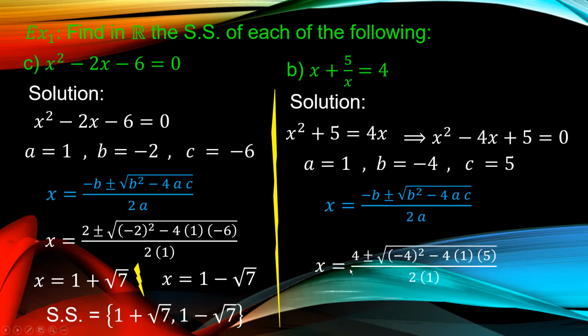By substitution, x equals 4, positive or negative square root of negative 4 power 2 minus 4 times 1 times 5, over 2 times 1. Then the solution set here is empty, because I don't have any square root of a negative number.